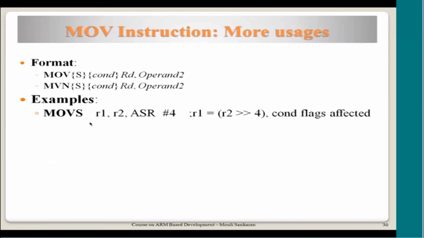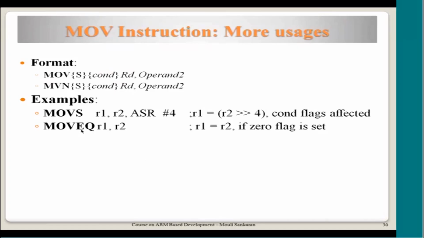So if the content 0 stored in R2 is moved into R1, and you mention it as MOVS R1, R1 happens to be all zeros, so the zero flag will be set. So this instruction is supposed to impact the CPSR. So conditional flags will be affected based on this instruction. Okay. Now what is MOVEQ?